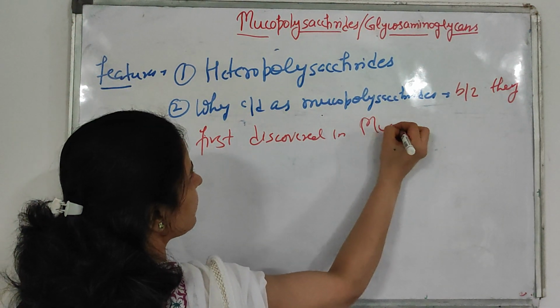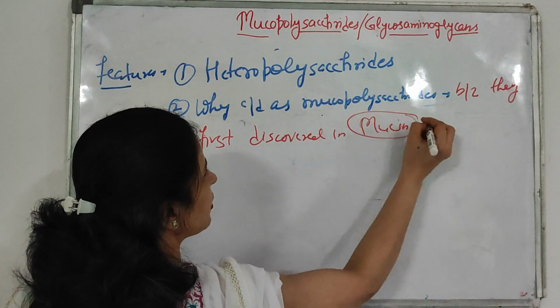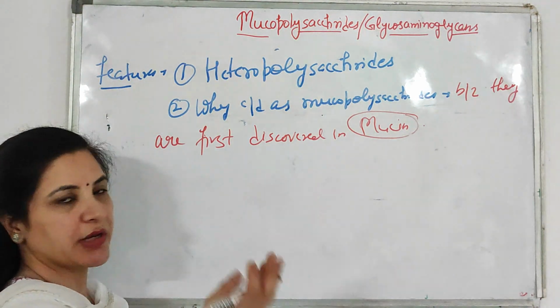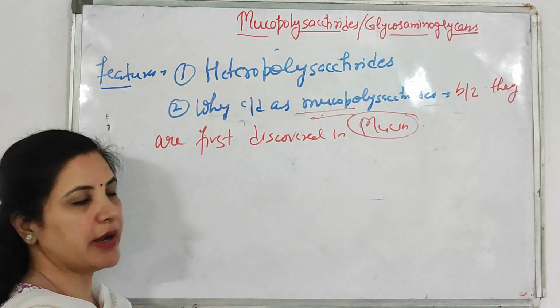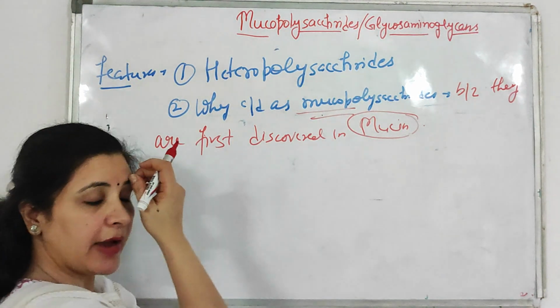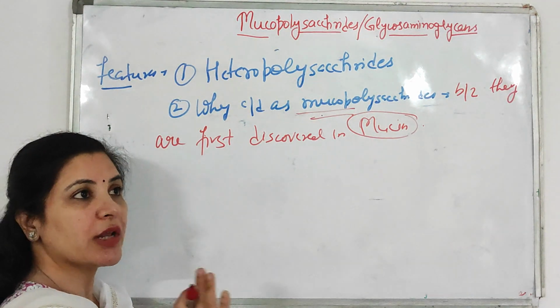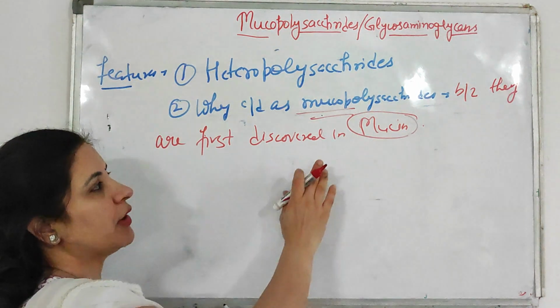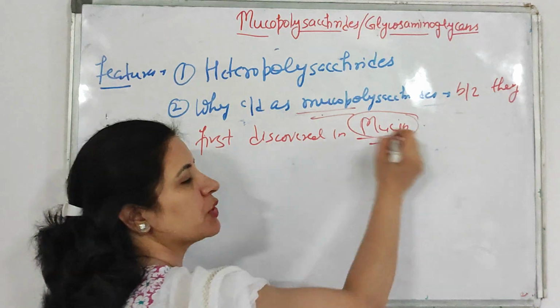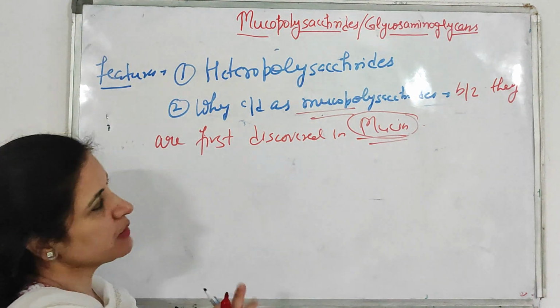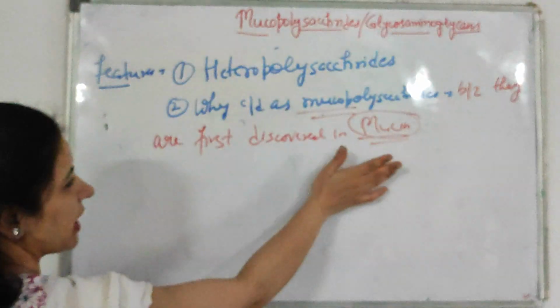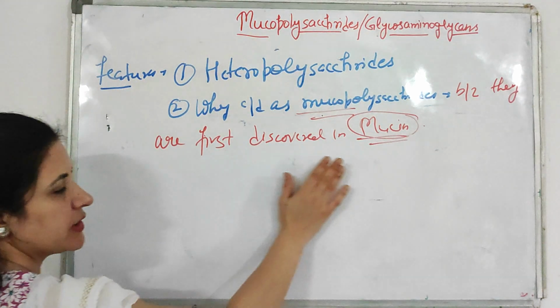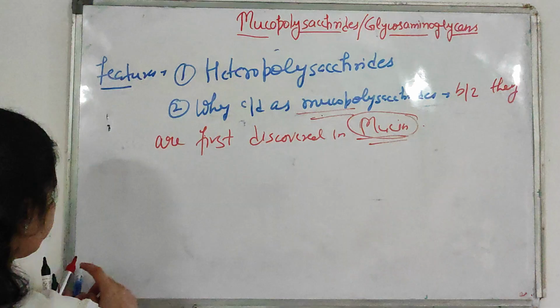Mucin is a mucus secretion. That's why the term mucopolysaccharides is given to these substances. A question can be asked in the viva: why are these known as mucopolysaccharides? Because these were first discovered in mucin. So the first point is that these are heteropolysaccharides. They are called mucopolysaccharides because they were first discovered in mucin.